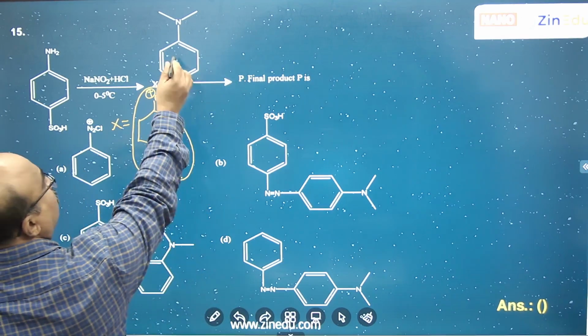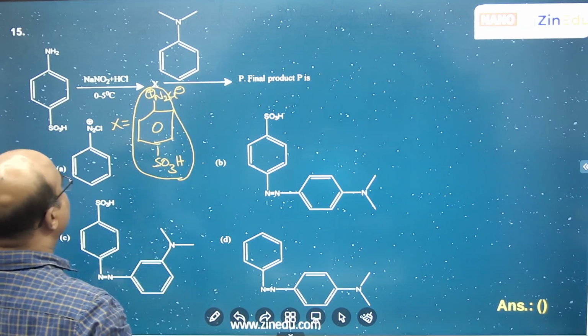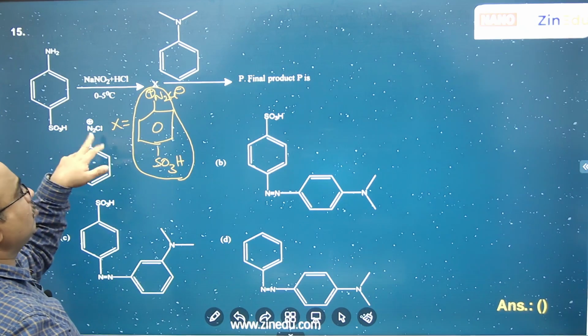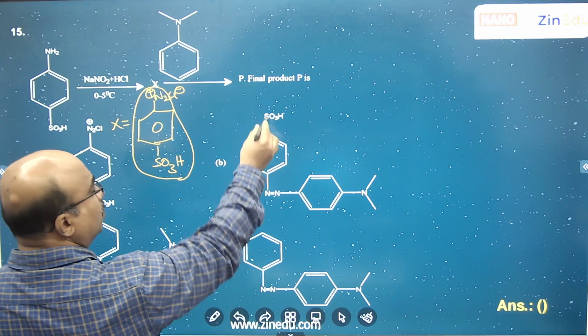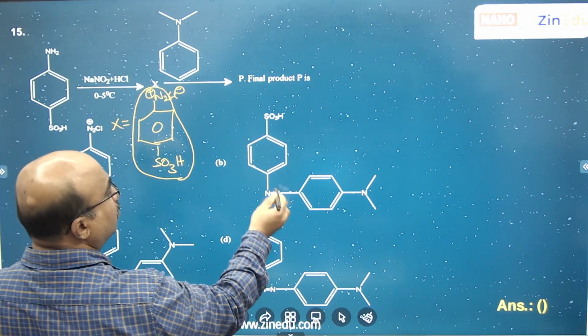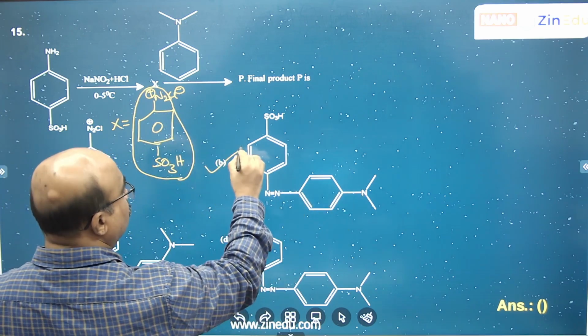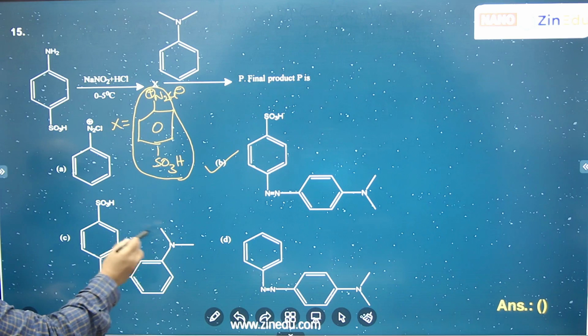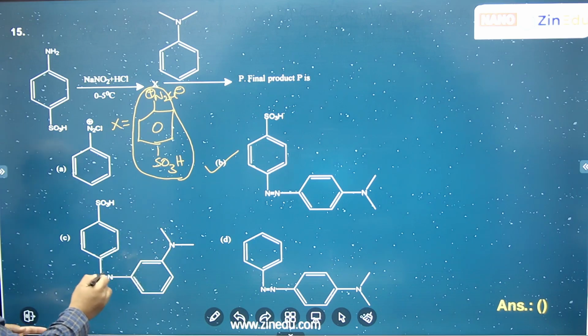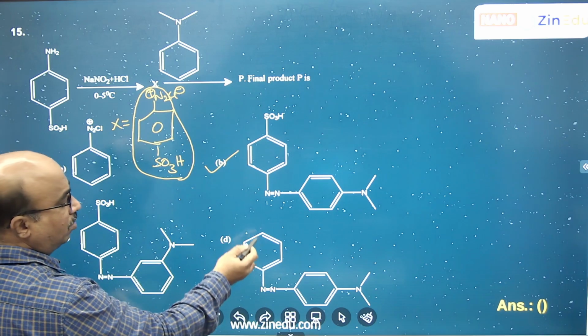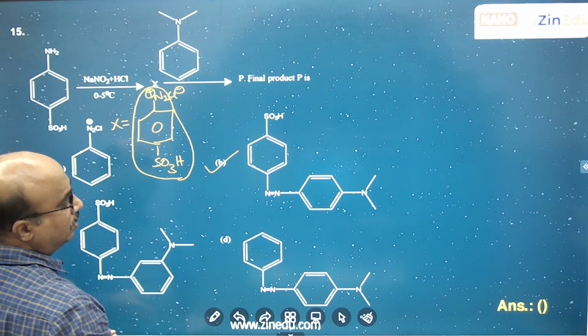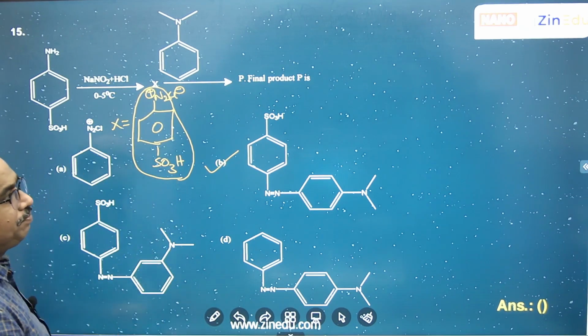So here it is substituted at the para position. It is not X, that is SO3H, this is at the para position to that. Your answer is B. But here it is at the meta position, and in this we don't have an SO3H group. So the answer is B.